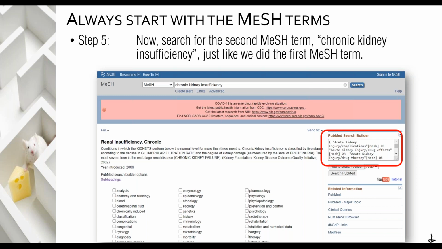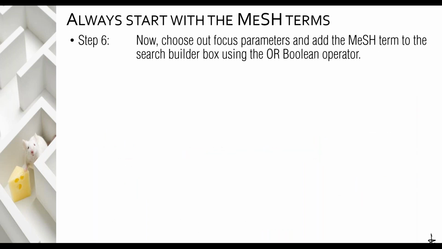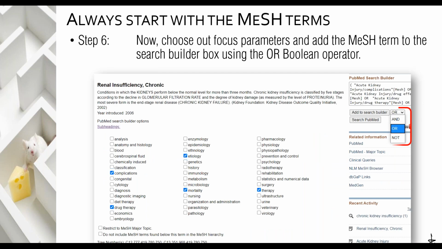So now what you have is exactly the same, but instead of acute kidney insufficiency, you have chronic renal insufficiency. Now notice that on the right side, whatever I put in my box is still there, even though I ran a different search. So whatever I already put in the box, okay, is still there. And now I search for my second MeSH term.